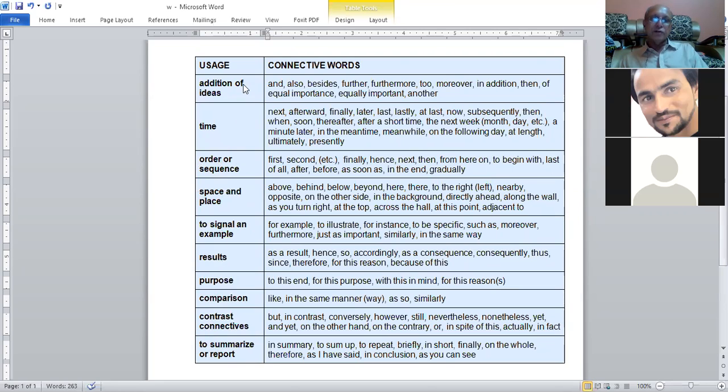So what we have decided is that roll numbers 1 to 5 will use the first group, addition of ideas. In the same way, 6 to 10 the second group, 11 to 15 the third group, and so on up to 50.